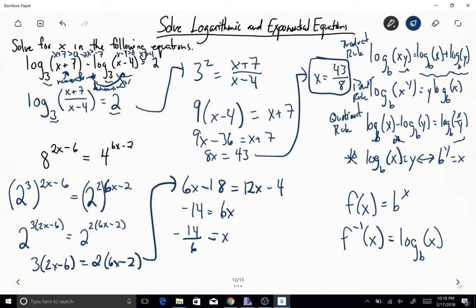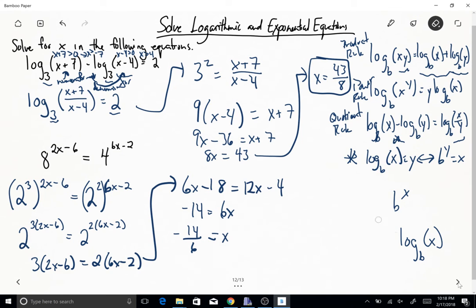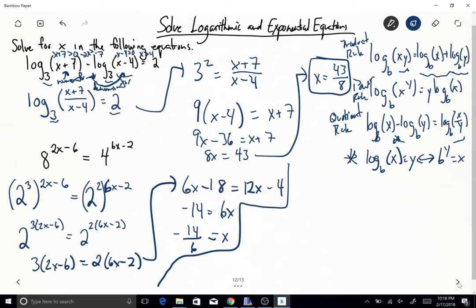Okay, so let's take a look. There's actually another method to solving this, and it involves the power rule. So just in case you didn't have things line up nicely, what you could do to bring the powers down is take the natural log of both sides.